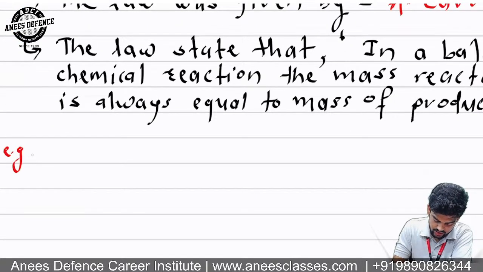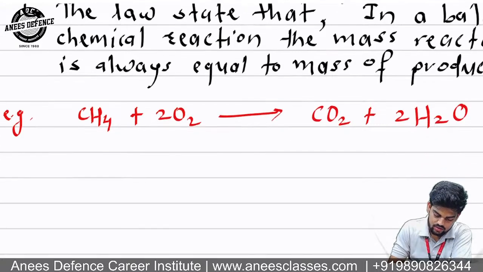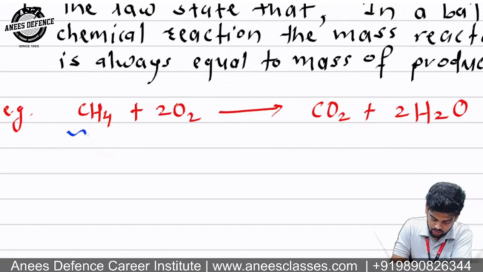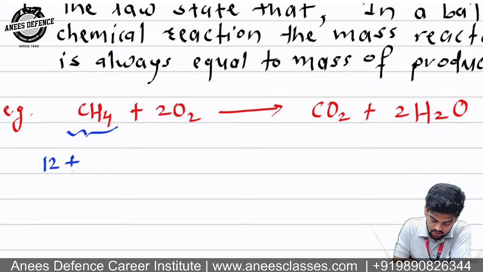We will take an example, that is when CH4 reacts with O2, it gives CO2 and water. In this reaction, we know that CH4 contains 1 carbon and 4 hydrogen. So the mass of 1 carbon is 12 and the mass of 4 hydrogen is 4 U, that is atomic mass unit.